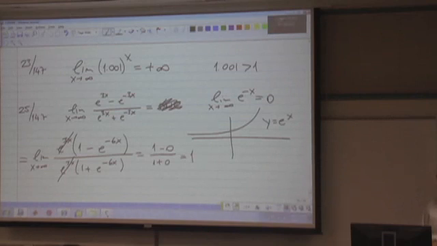I'll explain that. Does that make sense? I'll come back to the factoring. Assuming that you believe the factoring is correct, do you understand why the limit is 1? Do you see the progression?